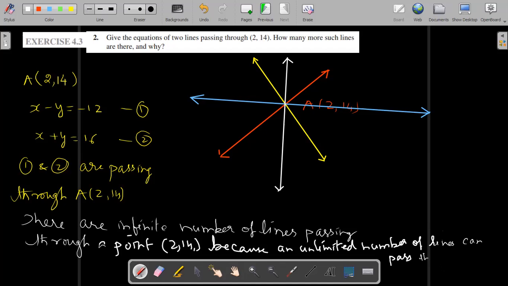That is why we have an infinite number of lines. That is the reason. Okay, got it?